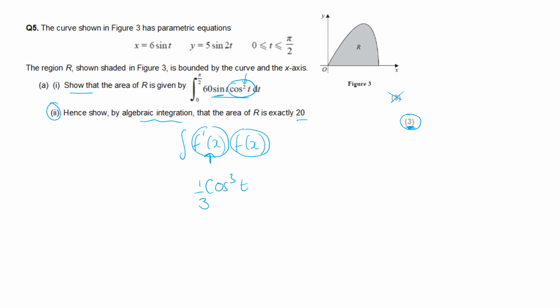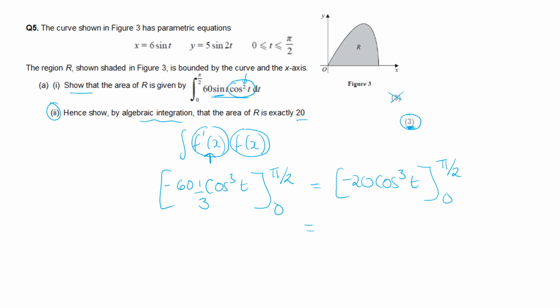That's already there, but we just need a minus, and then the 60 also just needs to join in. So that is our integration from 0 to pi by 2, which is equal to minus 20 cos cubed t. This is looking good because at least we've got a 20.